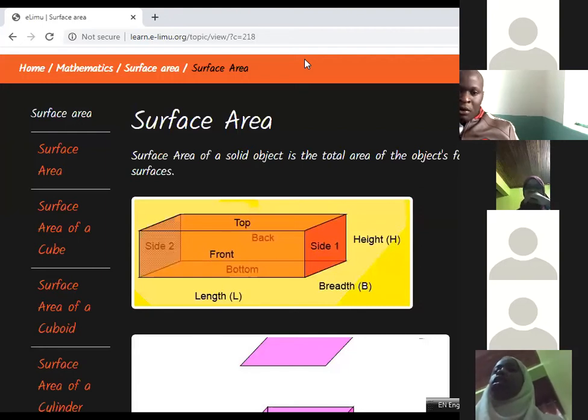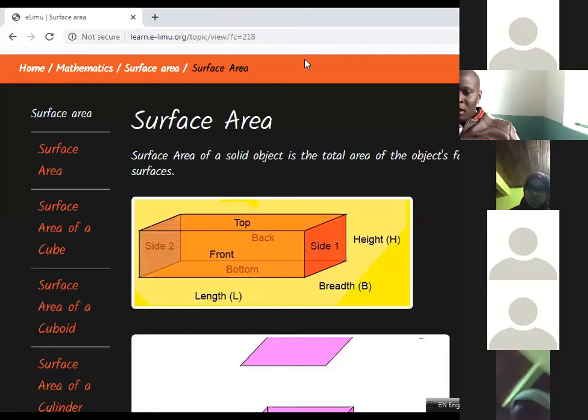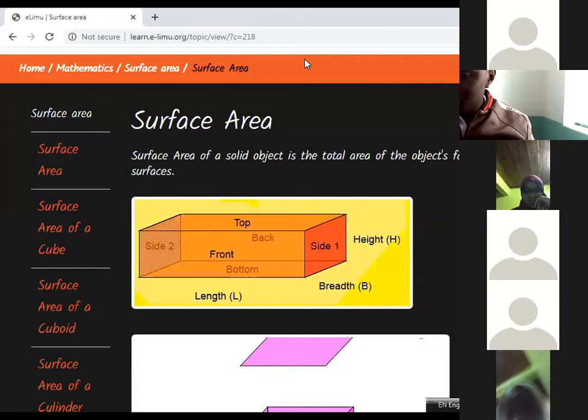There is one side to the right, another side to the left. That is the cross section part. This figure has the top, the bottom, the front, and the back.